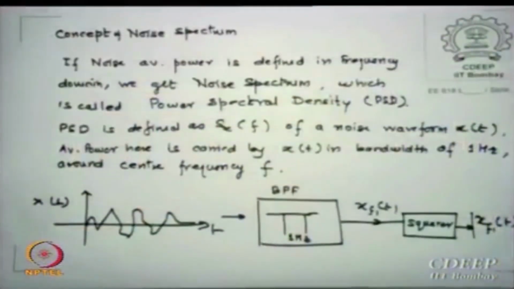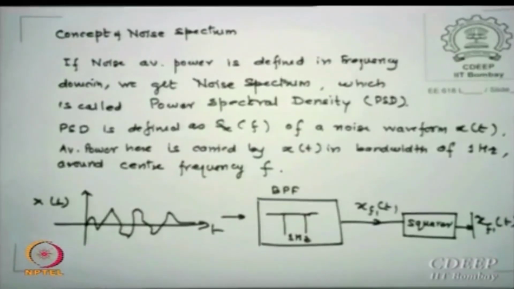If you look at the average power, we should look at the spectral density for noise, because at different frequencies noise has different values. That is the definition of noise spectrum. If noise average power is defined in the frequency domain, we get what we call the noise spectrum, which is the power spectral density or PSD, and it is defined as Sx(f), f is for frequency.